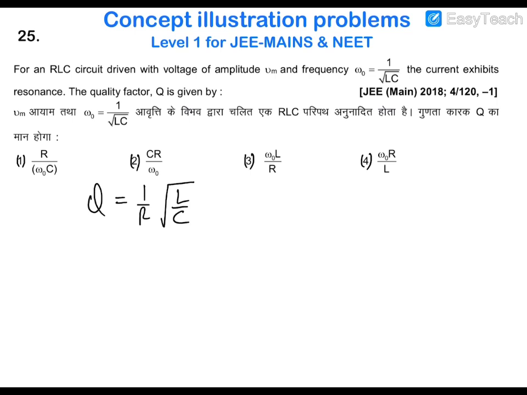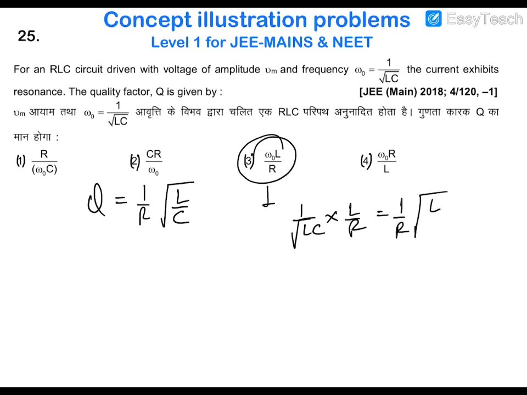And if you observe option number 3, then if you replace the values, omega naught is 1 upon root LC, and this is L by R. So this is 1 by R under root L by C. So obviously the correct answer will be option 3.